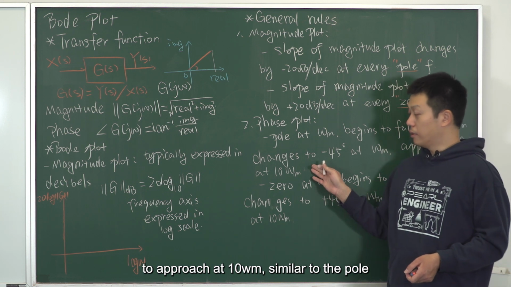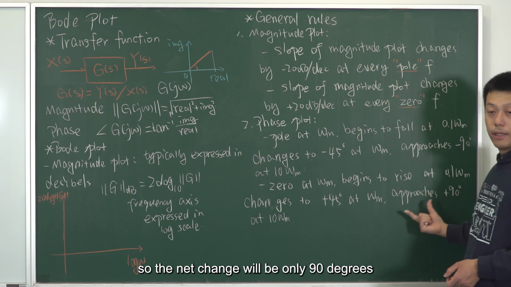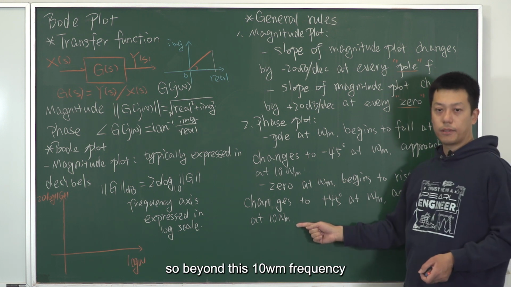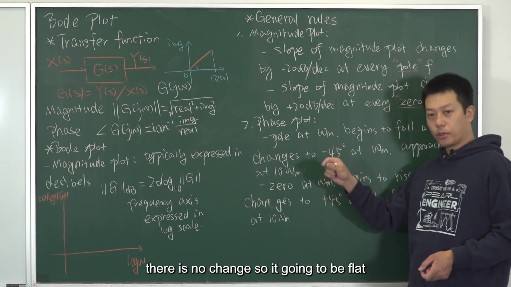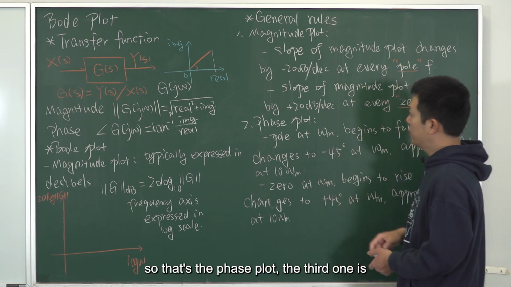Similar to the pole, the net change will be only 90 degrees. Beyond this 10 ωm frequency, there is no change, so it's going to be flat. That's the phase plot.